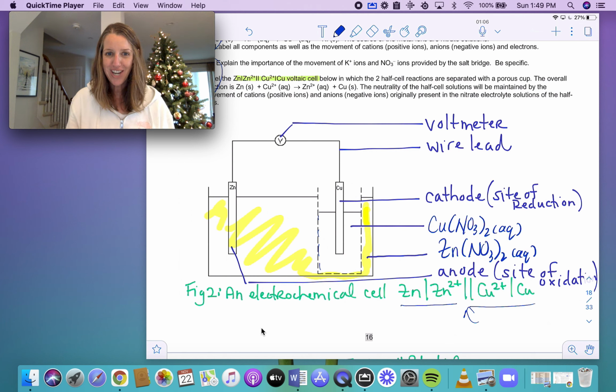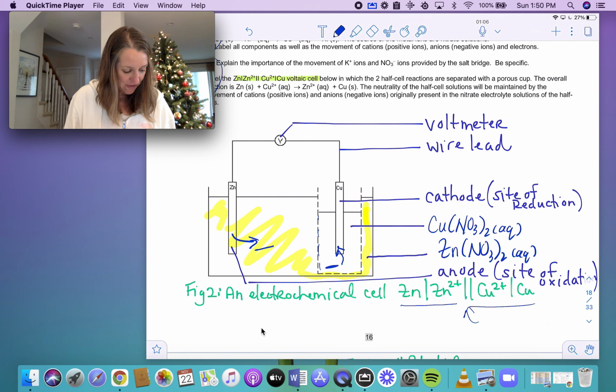There are a few more things you're going to add to this diagram. You want to add on there the mass that goes up and down. You want to show where the electrons flow, in which direction, and how many. And then you want to show the flow of the ions in the solution. This is going to turn into something here, and this is going to turn into something here.